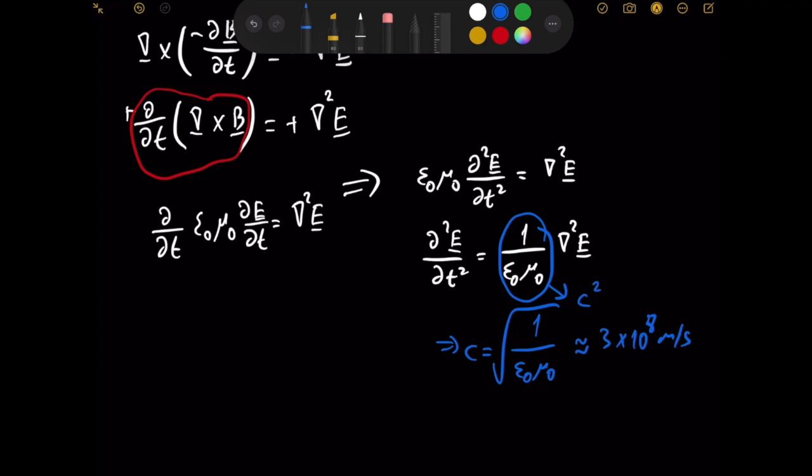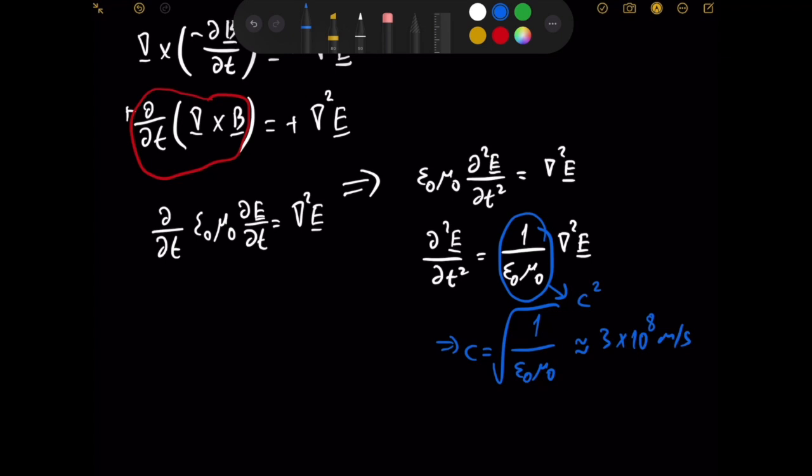And so this is the well-known speed of light, which is great because we know that light travels at the speed of light, and we've shown that these electromagnetic waves also travel at the speed of light, which implies that light is an electromagnetic wave. So this is pretty cool.